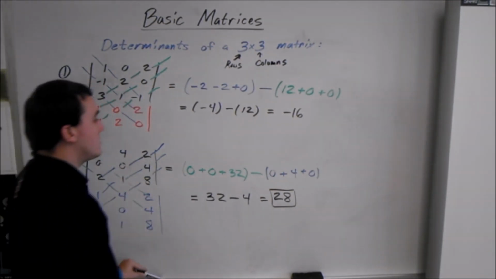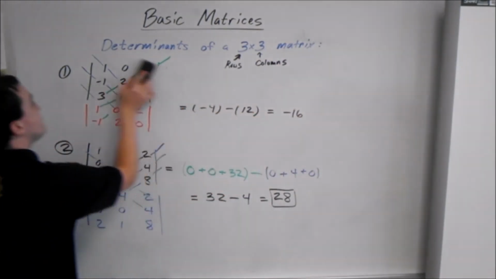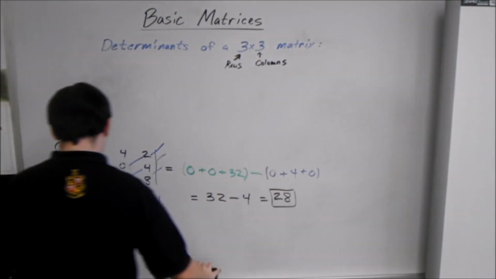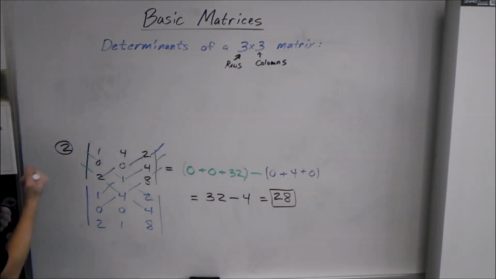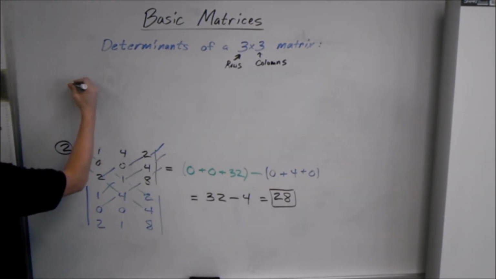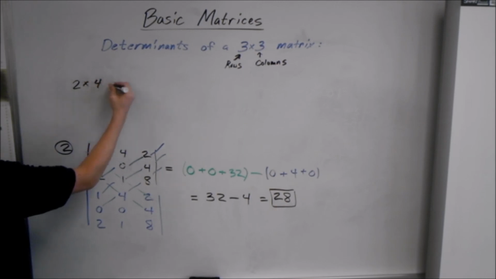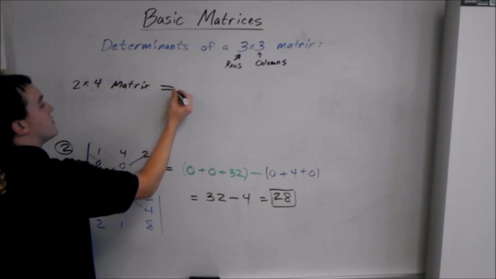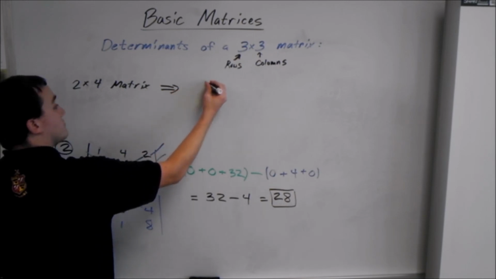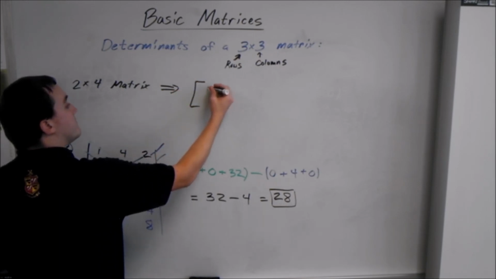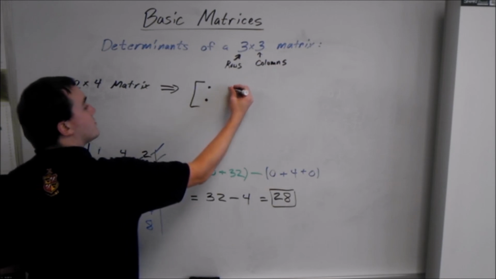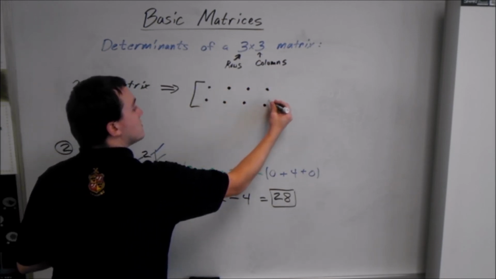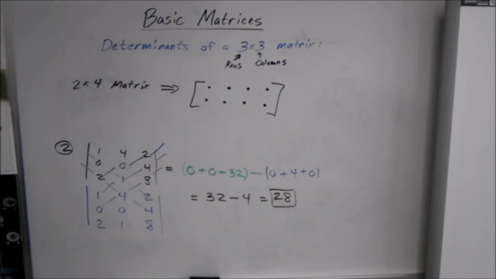All right, so for example, if I said we had a 2 by 4 matrix, it might look something like this. 2 rows and 4 columns. And our matrix would look like that.